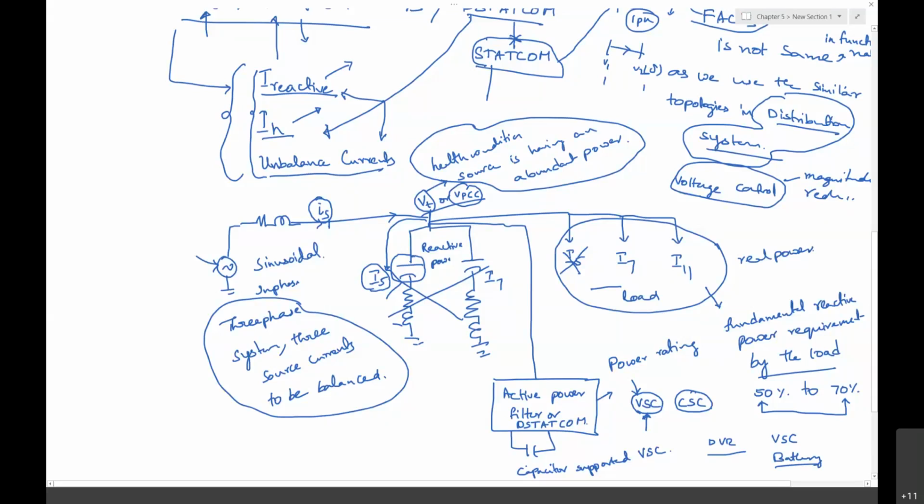Keeping that in mind, the DSTATCOM is designed for about 50 to 70 percent of the overall load the source can supply, the source current.